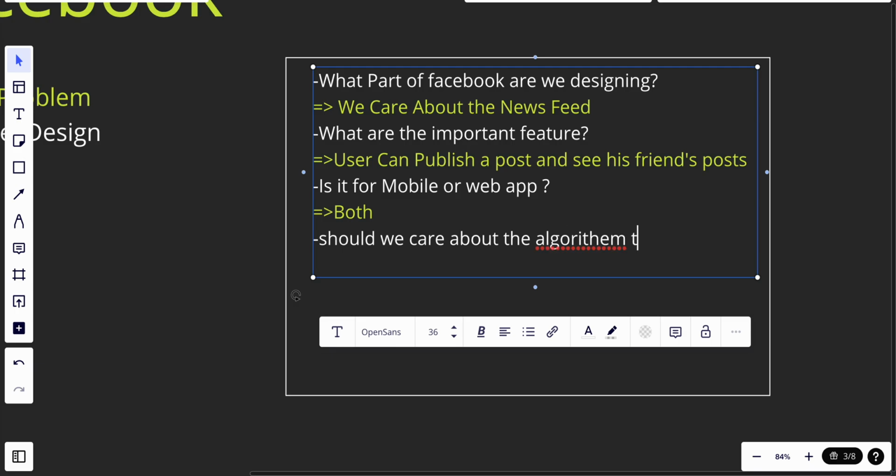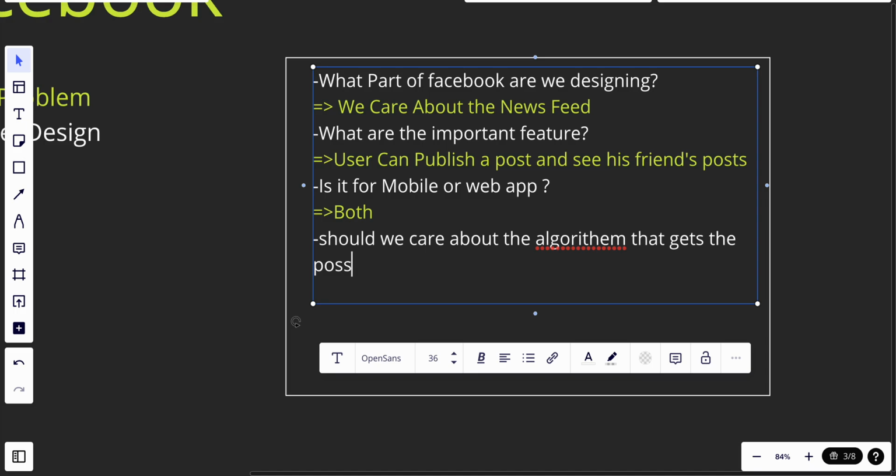The algorithm that gets the posts, for example, posts from best friend. I don't know.